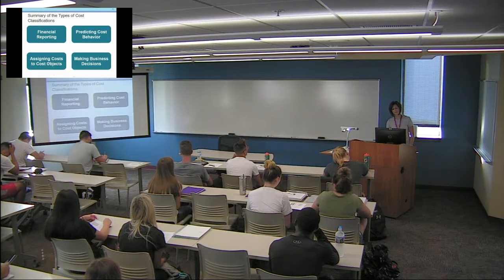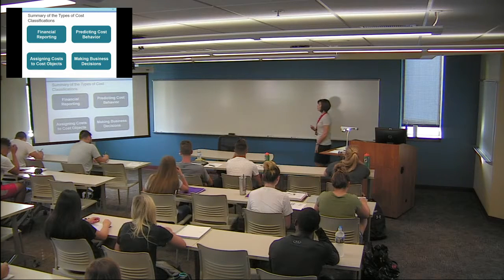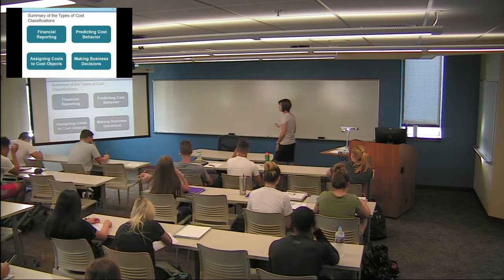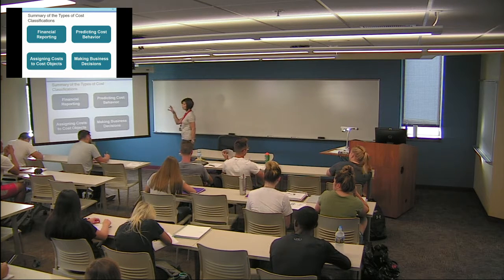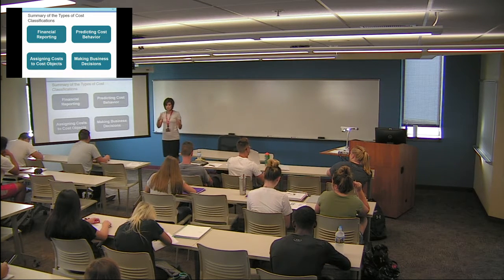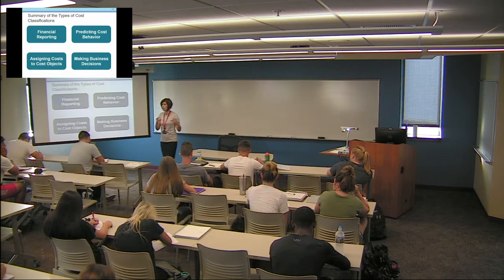Before we can actually use data to make decisions, we have to understand that data. Okay, so some of the types of different classifications that we're looking at, you'll see up here, financial reporting. Well, we did that in Accounting 101, right? There was a certain way we accumulated our data. In other words, we recorded it a certain way according to, who remembers what the rules were called? Anyone?